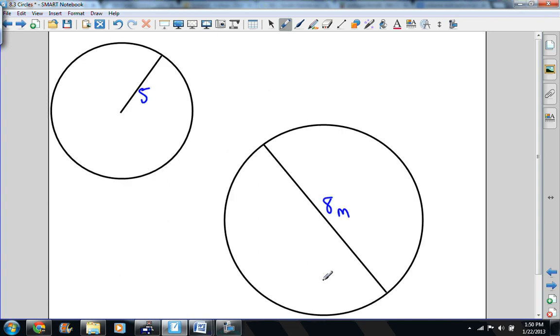All right, so let's get to some real problems here. I want you to find the area and perimeter of these two circles. Give that a try. All right, for this top one, the area is going to be 5 squared times the value of pi, which is 25 pi.